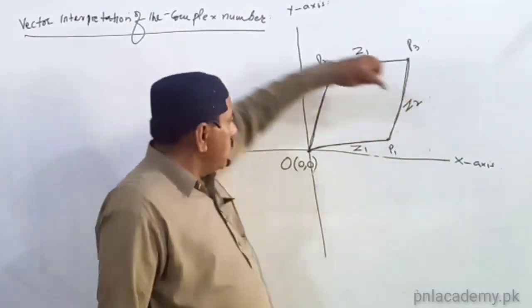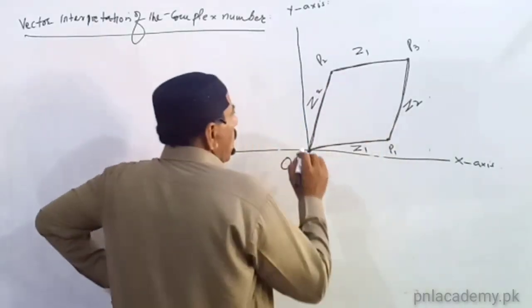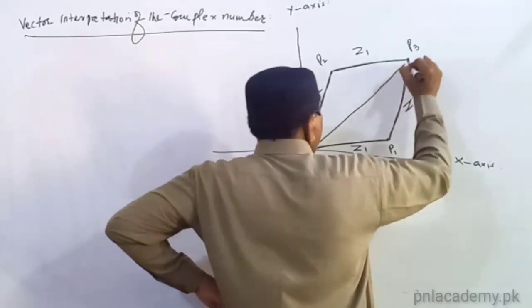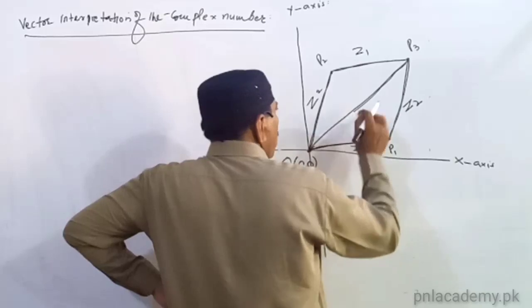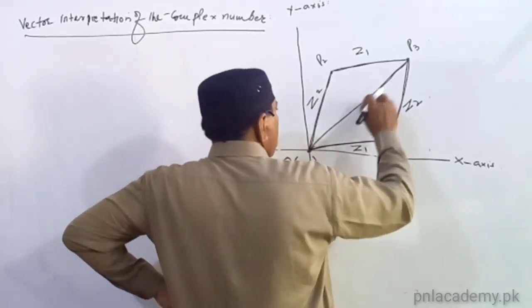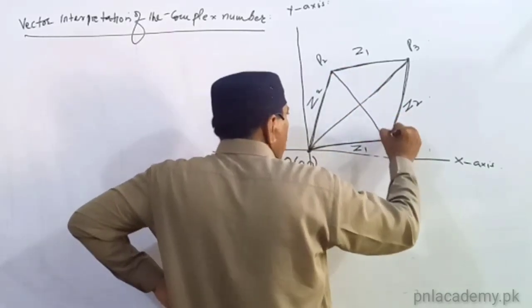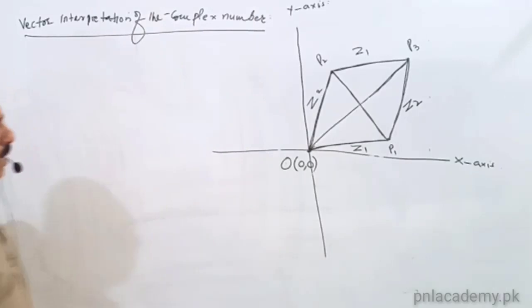P1P3 is equal to OP2, which will also be Z2. Now, OP3 is the first diagonal and P1P2 is the second diagonal.